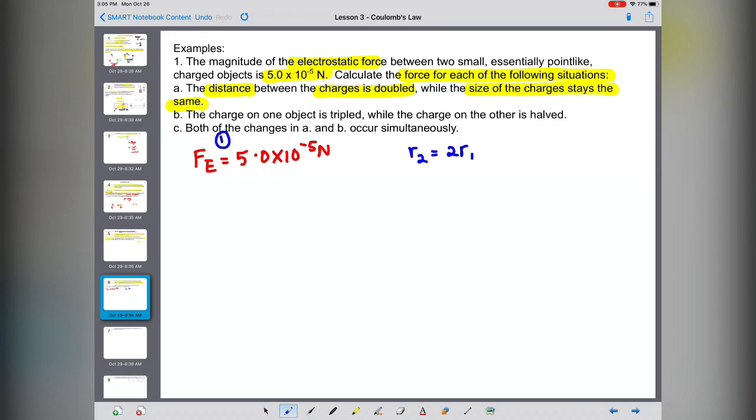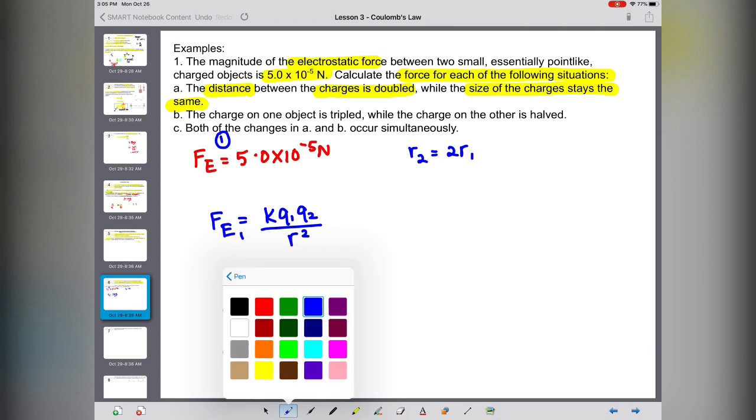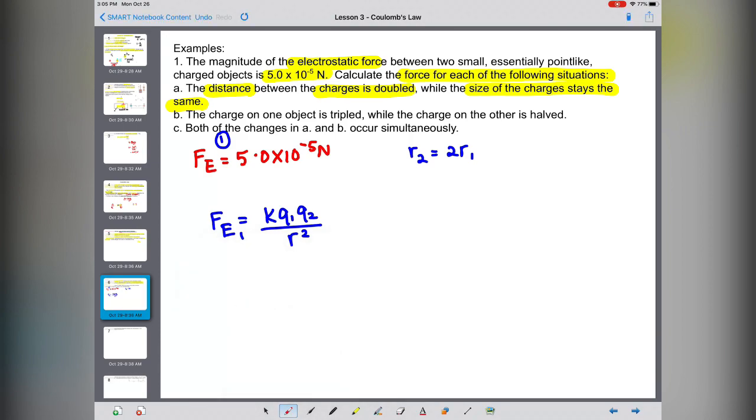This is the first one. So what would happen to the actual force itself? They're asking you to go to this thing called the inverse square law. Go back to the electric force equation, Q1 Q2 over r squared. They're basically asking, if this is the original one, what would happen if I double the radius, but keep everything else the same?